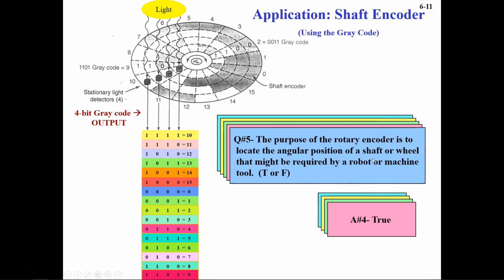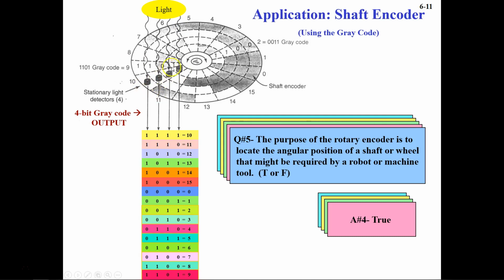Next question is, the purpose of the rotary encoder is to locate the angular position of a shaft or wheel that might be required by a robot or machine tool. Is it true or false? It's going to be true because you can see how precisely each segment has been placed, which means if we have a robot, then we can easily detect its motion, any position where it could be, because each segment has its own code.